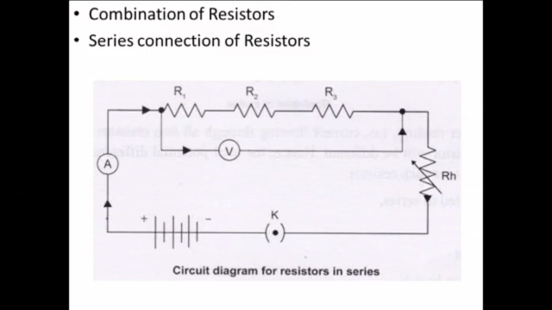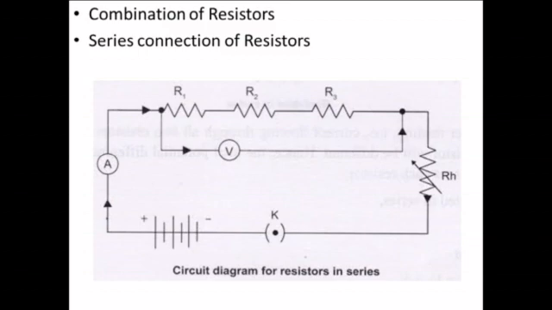In the first figure, three resistors R1, R2, R3 are connected in series across the points A and B. The current I flowing through each of the resistors R1, R2 and R3 is the same, but the total voltage of the battery is divided according to the resistance value.